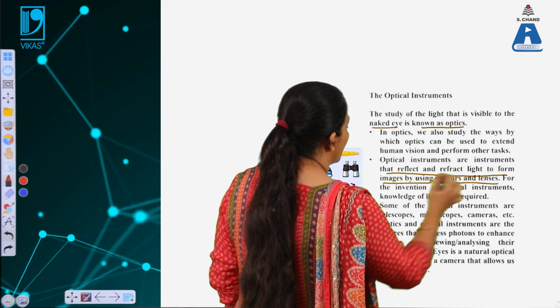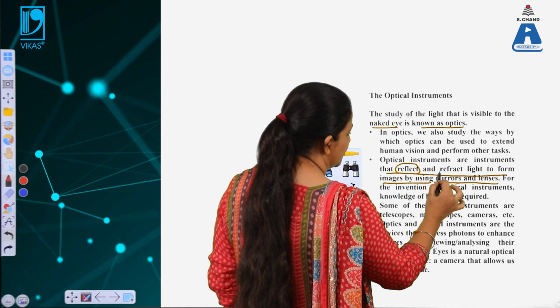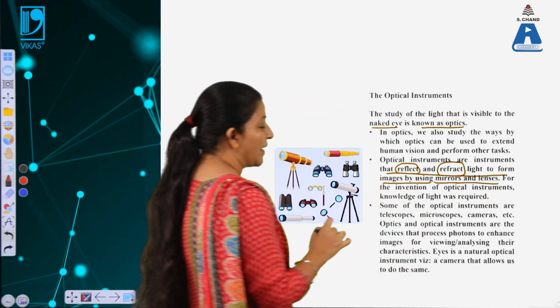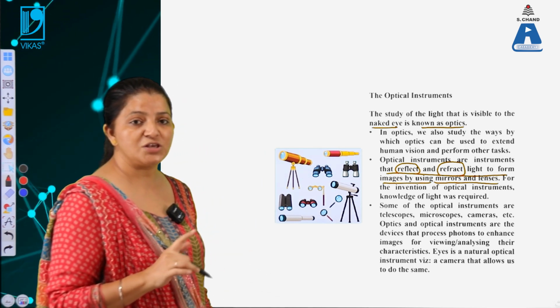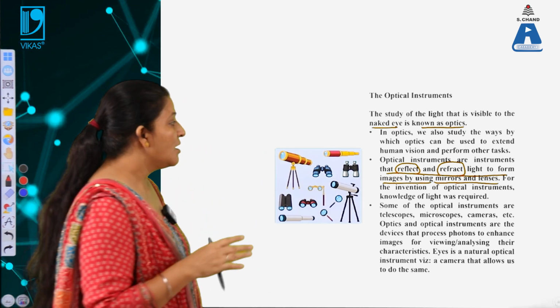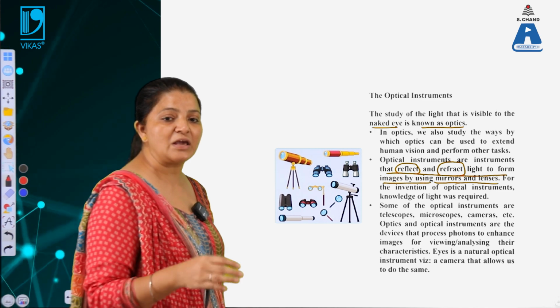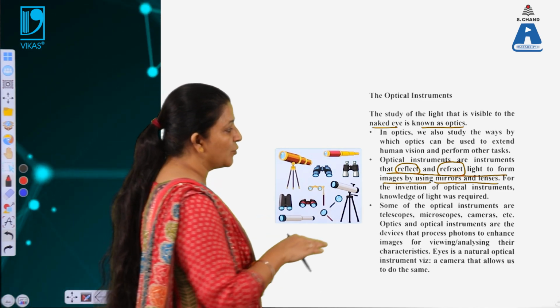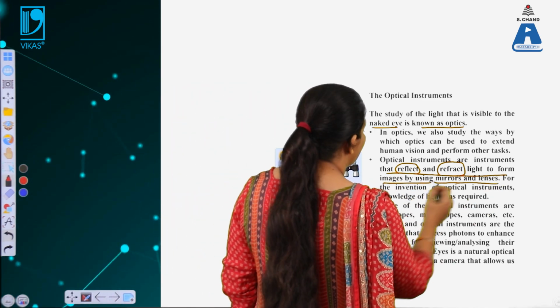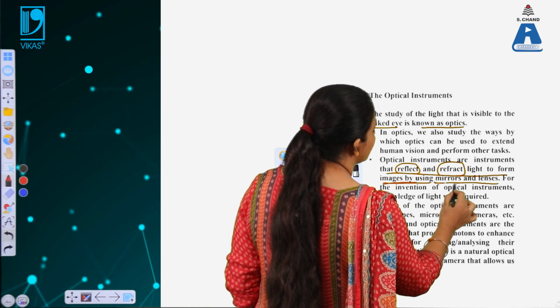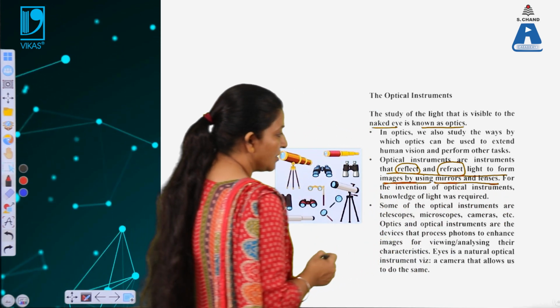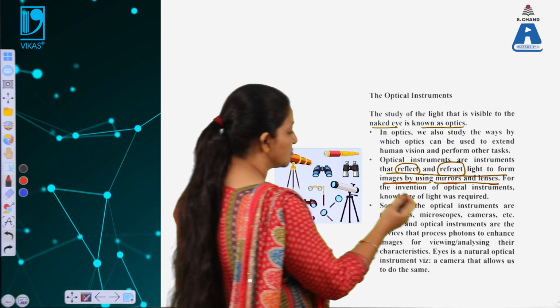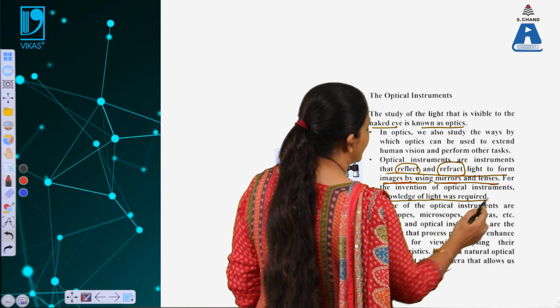So optical instruments are based upon the phenomena of reflection and refraction. By reflection, we are able to see the upper portion of the object. By refraction, we are able to see the back portion of the object. And that light is converged by using mirrors and lenses. For the invention of optical instruments, knowledge of light is required.